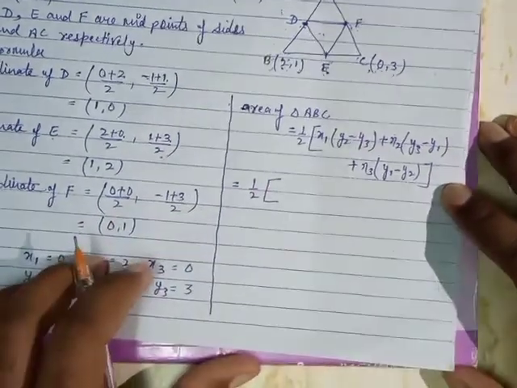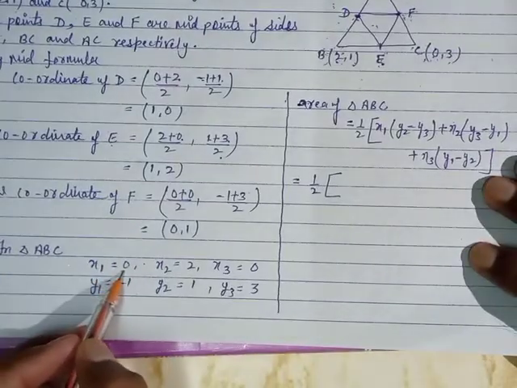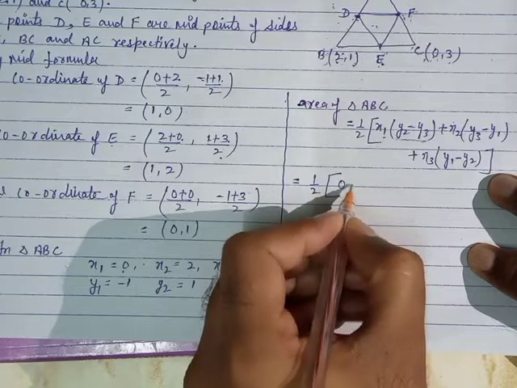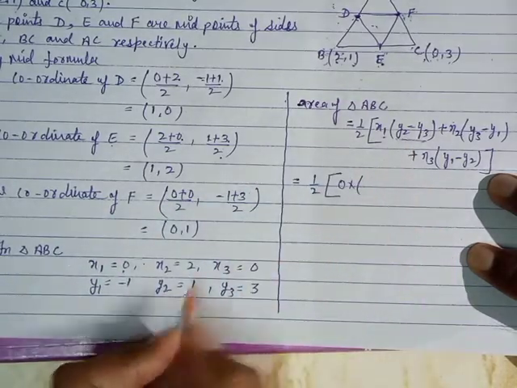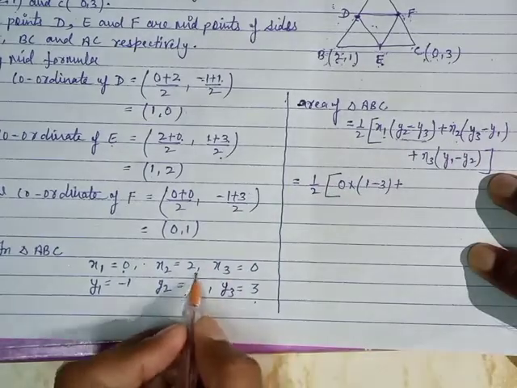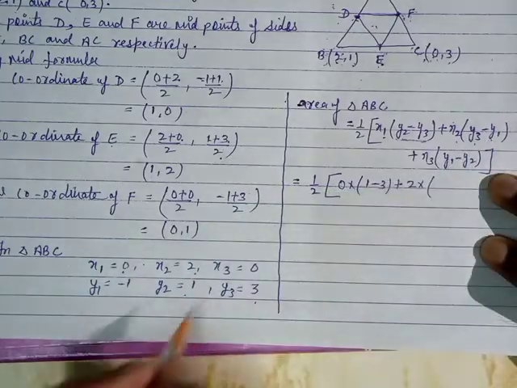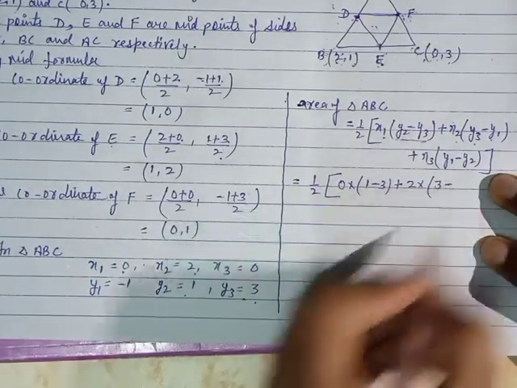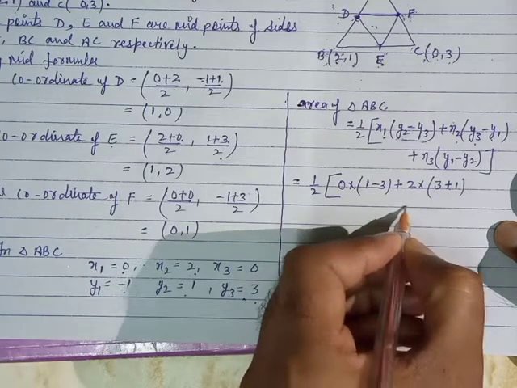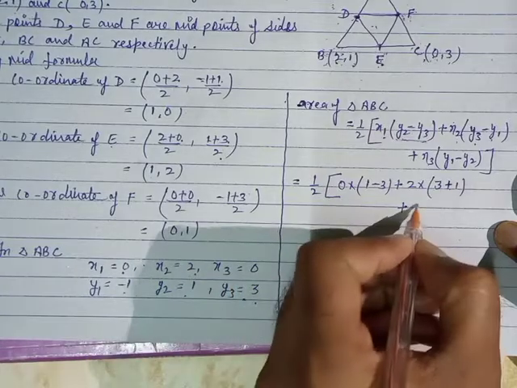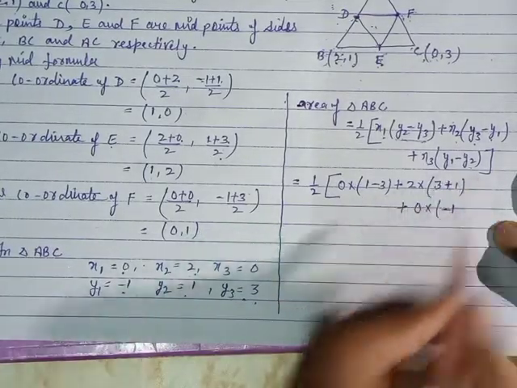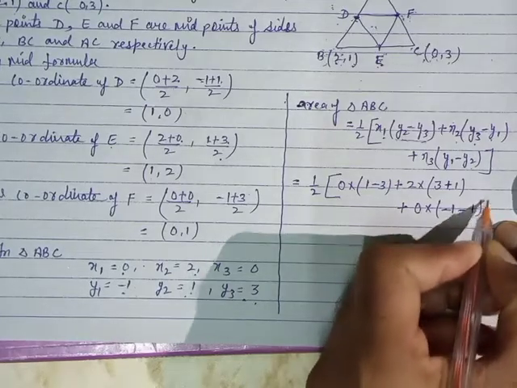Now we are putting in the values. 1/2 times x1 value 0, and 0 multiplied by any number gives 0, so the first term is 0 into (1 minus 3), plus x2 value 2 into (y3 minus y1), which is 3 minus (-1), that means 3 plus 1, plus x3 value 0 into (y1 minus y2), which is -1 minus 1.